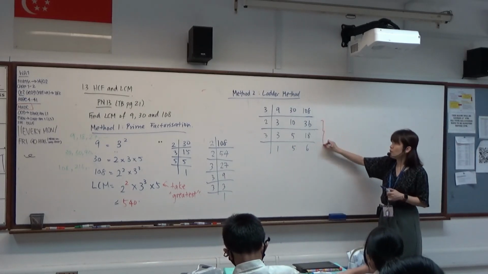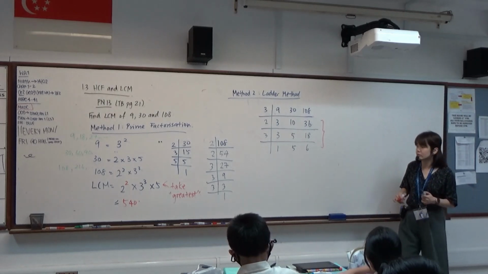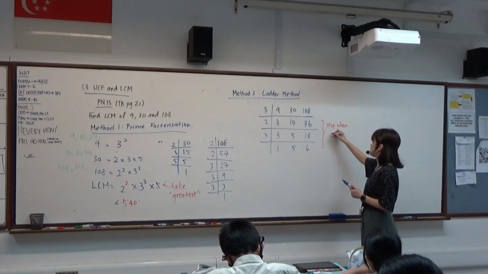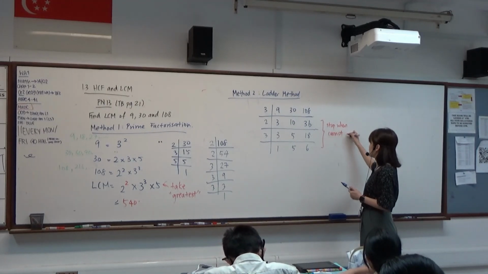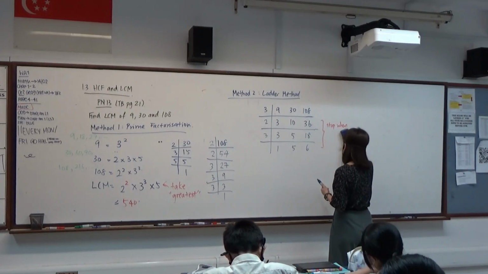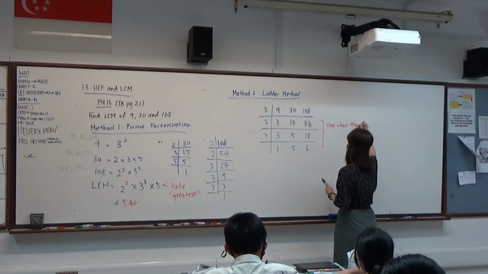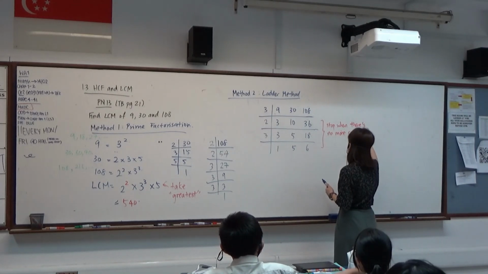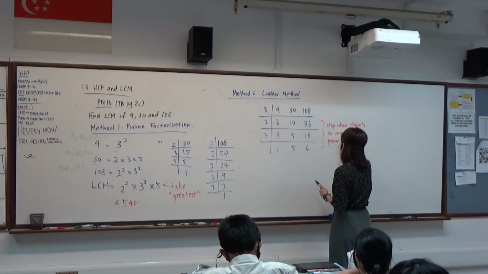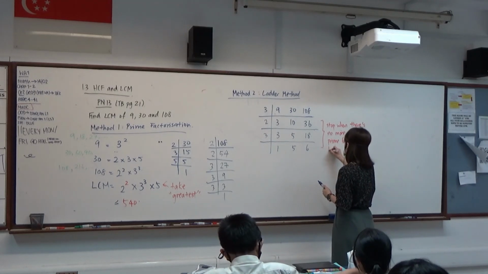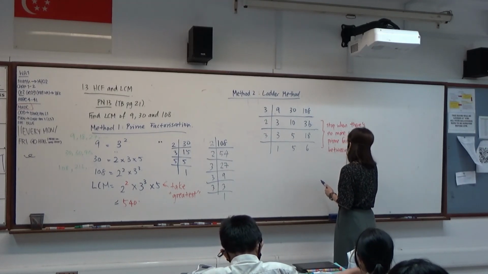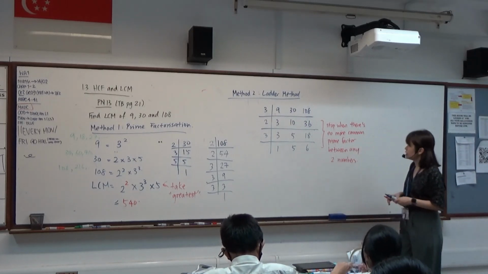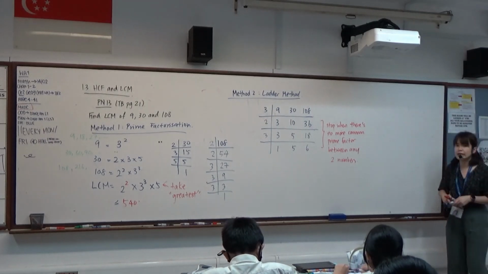So, in the ladder method, what we need to take note of is to stop when there's no more common prime factors between any 2 numbers.